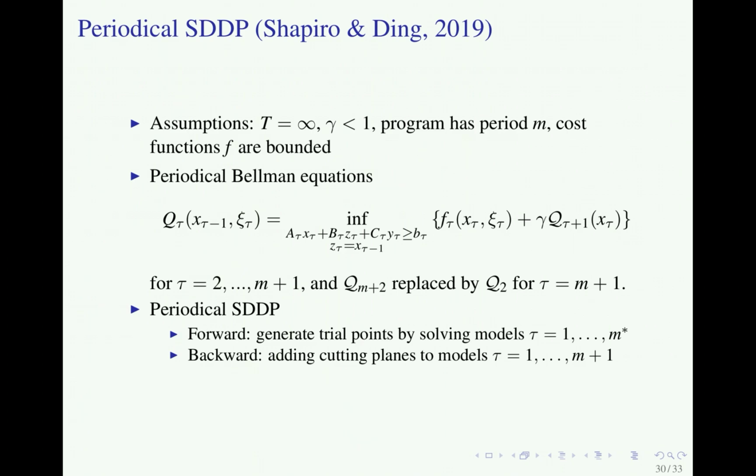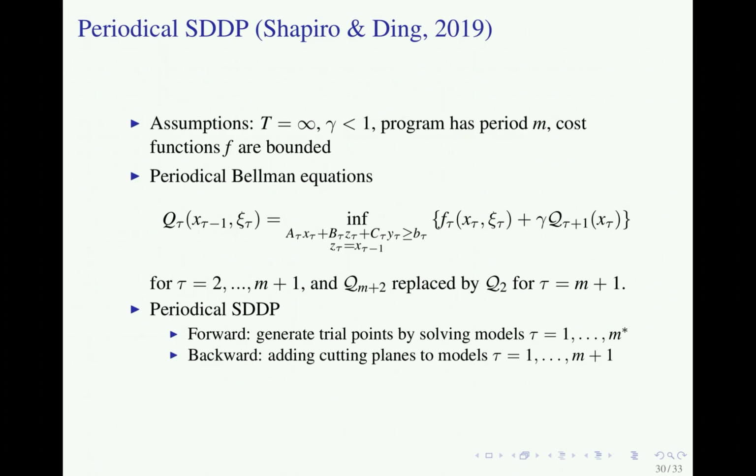Say your problem has a period n, then if you use PSDDP, there will be only n unique value functions. So in a backward step, we can now add cutting planes in a cyclical pattern. From stage n plus 1 to stage 2, we solve all subproblems and add corresponding cuts to the previous stage.